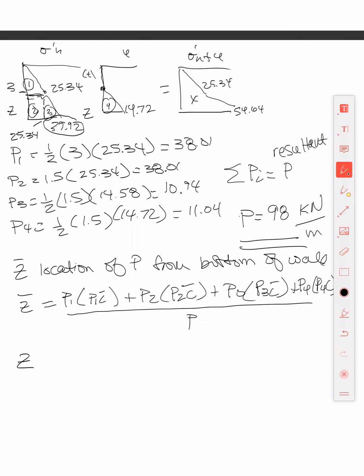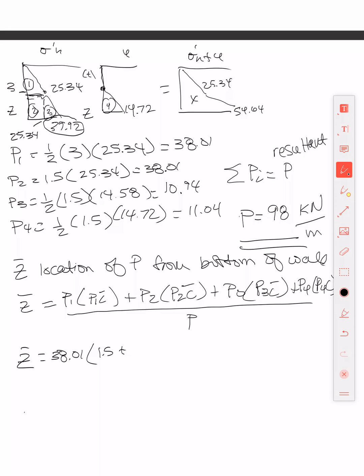Each of these forces acts in a different location based on the geometry.